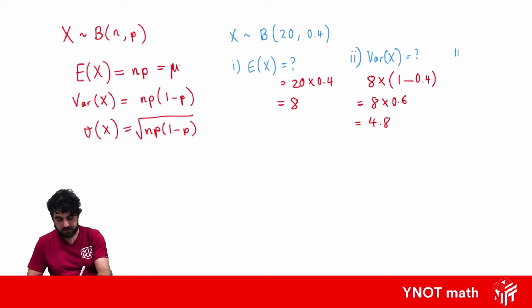And finally, let's find our standard deviation of x, which we know is just the square root of our variance. So this is going to be the square root of 4.8, which is about 2.19.